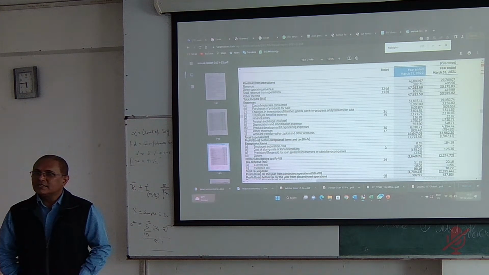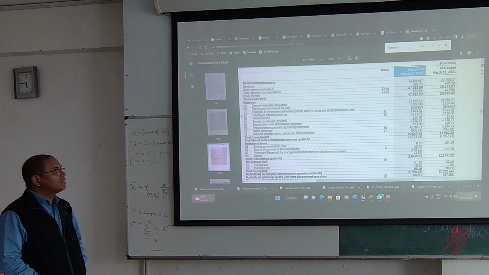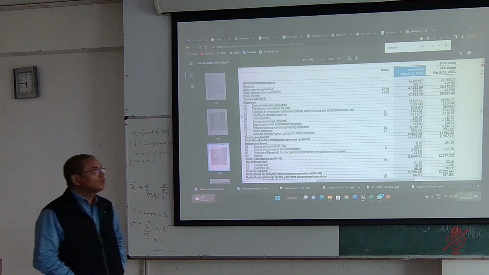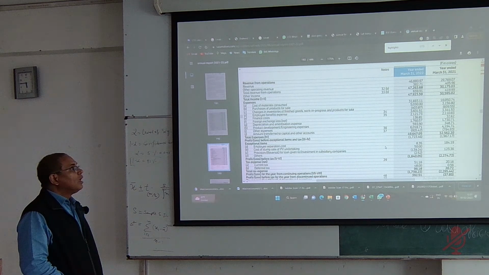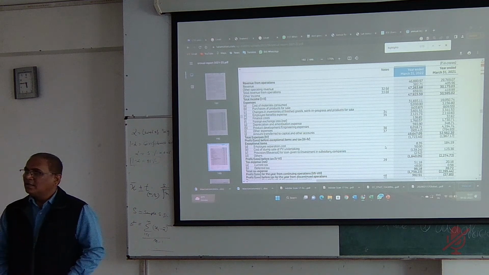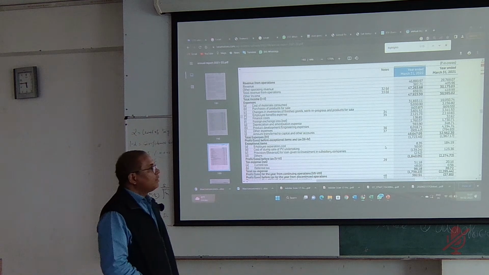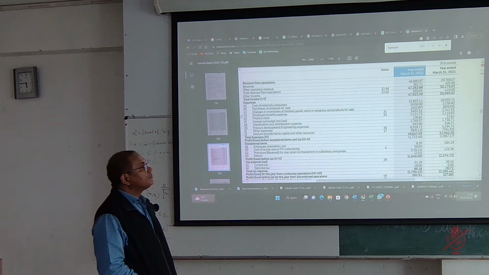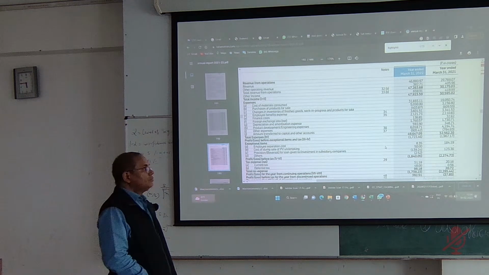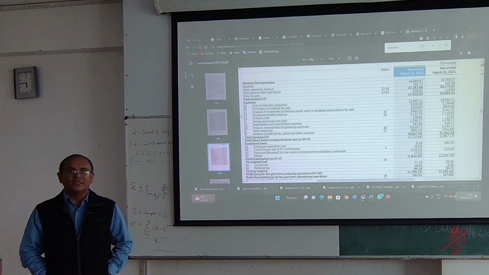Very nice analysis. Now look into what the previous year's condition was. Was the previous year also loss making? Yes, previous year was also loss making, but the loss this year has reduced, yes or no? Whereas sales has increased dramatically.